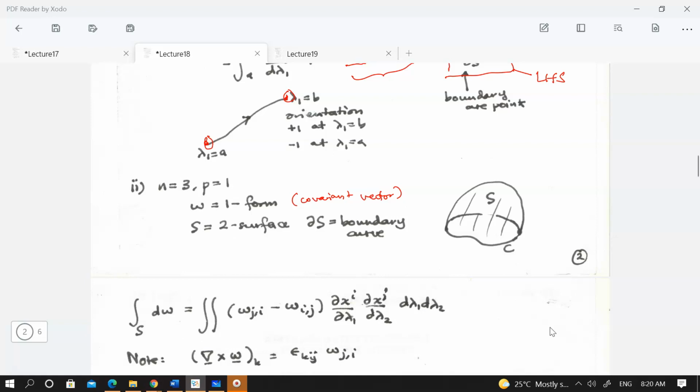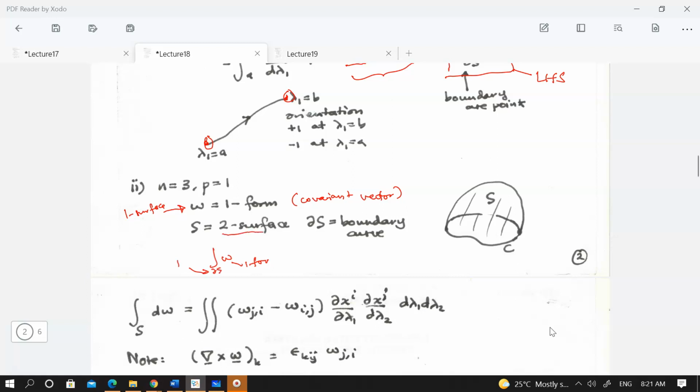So in this case, the right space to integrate this one form over will be a one surface. So that would be the integral of omega. This is a one form, and now I need a one surface, which I will take to be the boundary of some two surface.